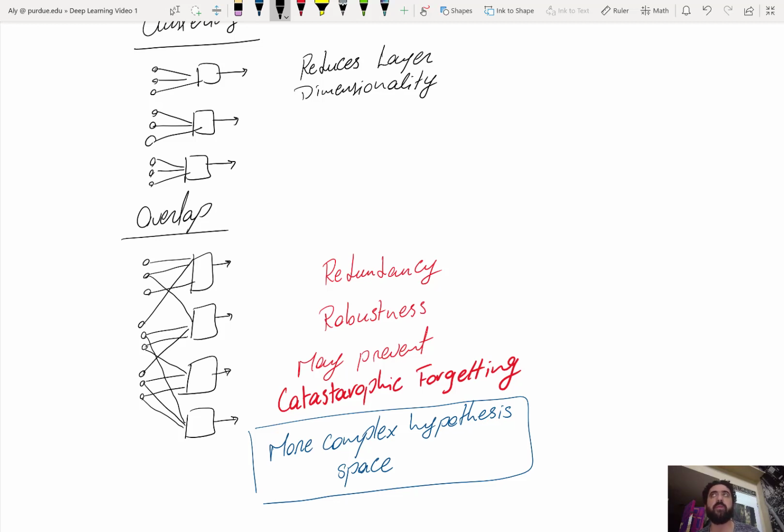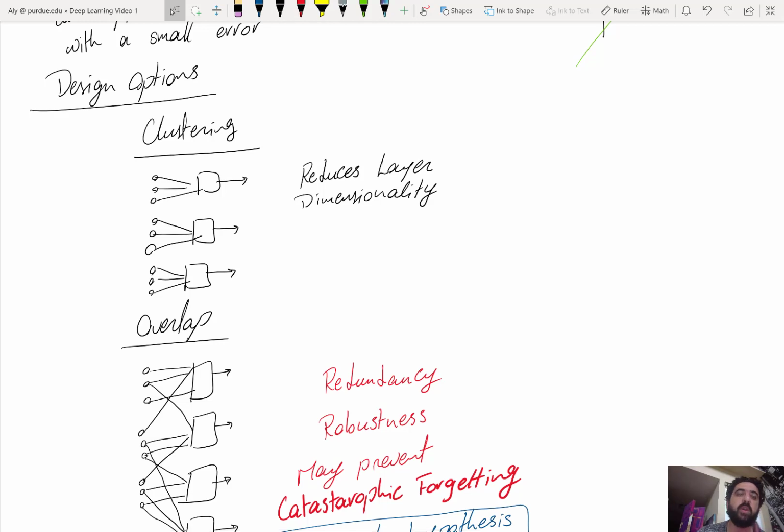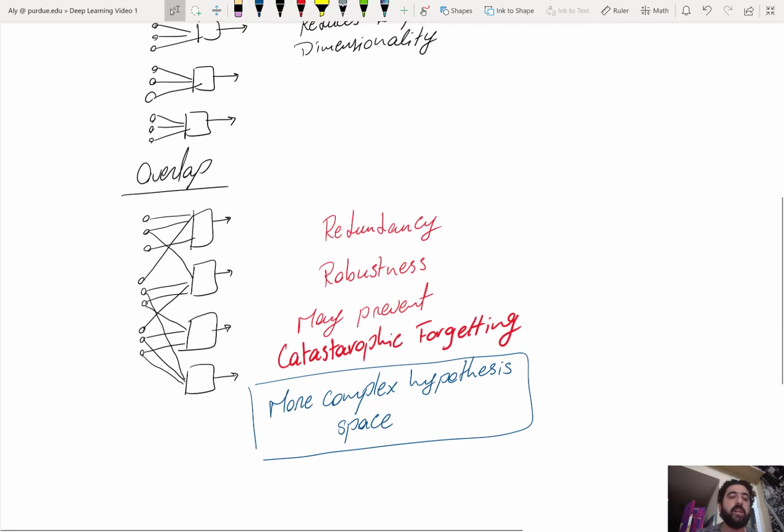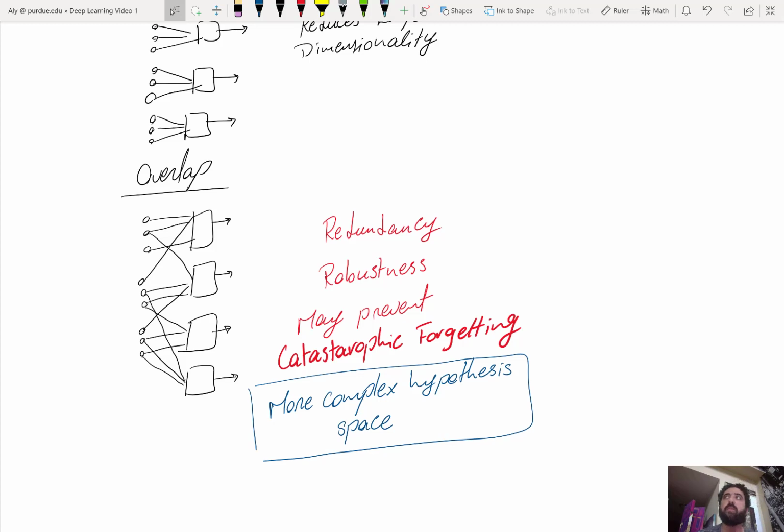For example, later when we discuss dropout, if you're doing clustering and then you drop out one of the Maxout units, then you completely lose that part of the network. That part of the network is not learning anymore. But with this overlap, you guarantee that when you do dropout for a few of the Maxout units, all of the units are still connected to at least one present Maxout unit. We'll come back to that later when we discuss dropout in detail.